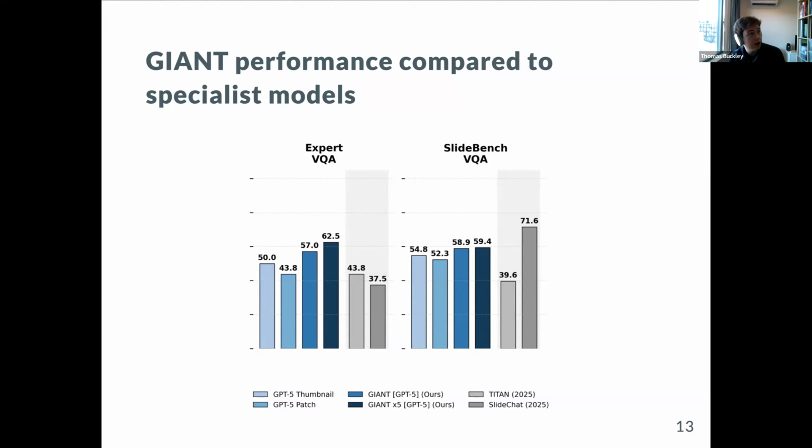The questions in our dataset are actually fairly similar. We gave the pathologists examples from SlideBench VQA to help them create questions. I think the primary reason performance of SlideChat is so inflated on SlideBench VQA is that they train the model on questions that were generated using the same process as questions in the test set.